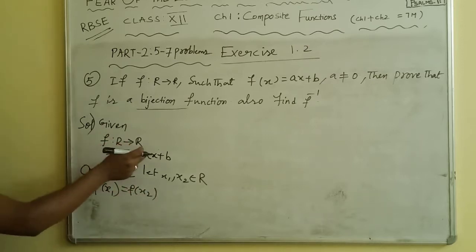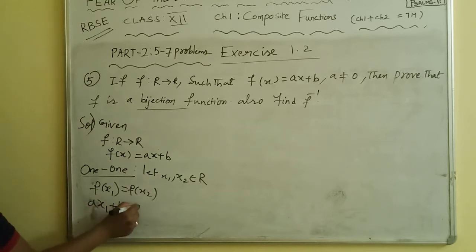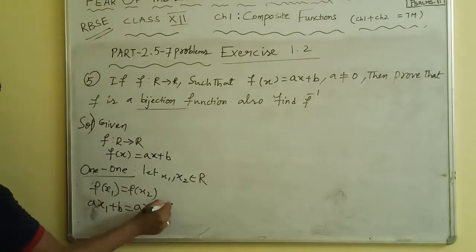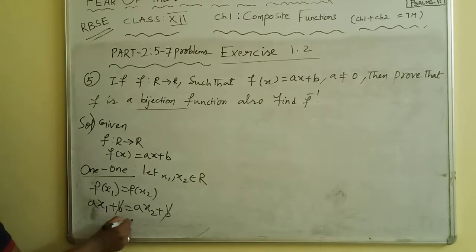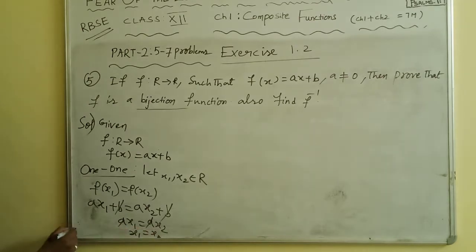Wherever x is there, substitute x1 and x2. So ax1 plus b is equal to ax2 plus b. b gets cancelled, ax1 is equal to ax2, a gets cancelled, x1 is equal to x2. Therefore, f is one-to-one.